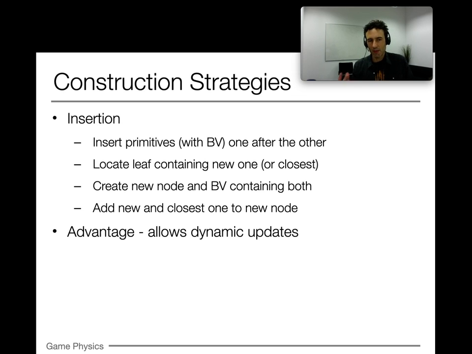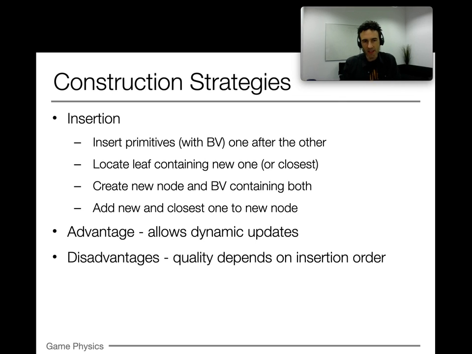In a way, it's fairly simple. An advantage here is that we could potentially do dynamic updates. We can remove objects and then also add new ones, or add the same object with a new position. So it gives us quite some flexibility. The disadvantage is that, as in all of these cases, we depend on the order and we get a deteriorated worst-case ordering.